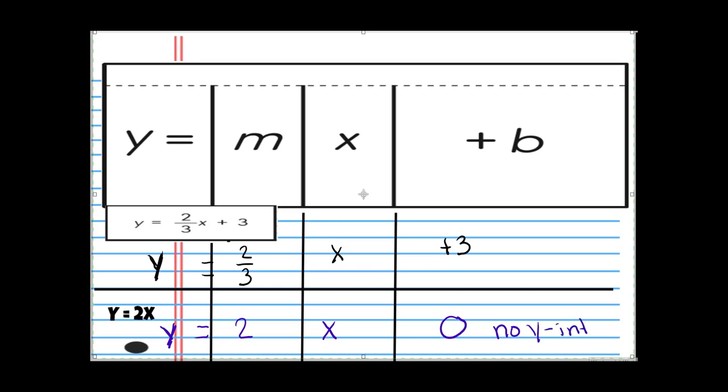I can actually write that to help me remember. But remember, the letter that represents y-intercept is b, and you'll see that more often than not. There's not a y-intercept, so you would just see it written here as y equals 2x. And this is basically the basic makeup of a slope-intercept form linear equation.